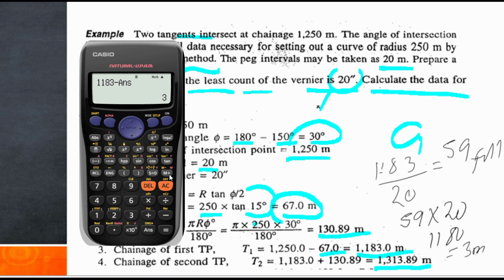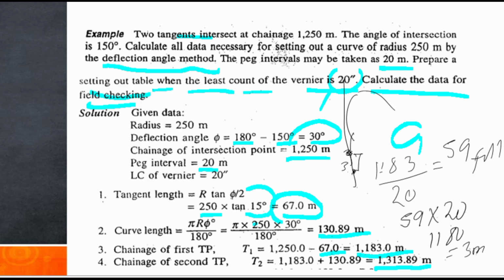By drawing a curve, from here at T1, we had a remaining distance of 3 meters in order for us to reach T1. This is what has shown us, but here we had full chainages of 20 meters.